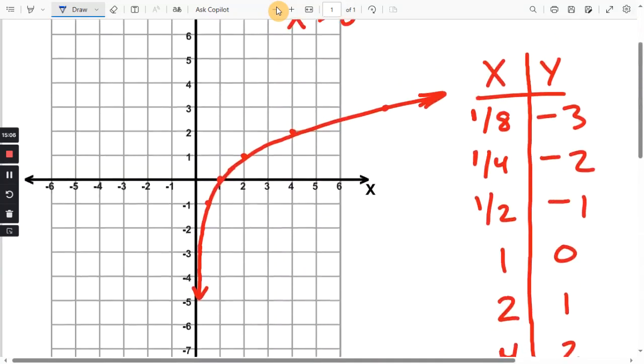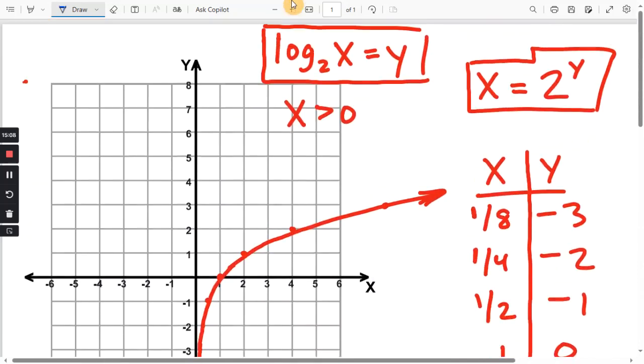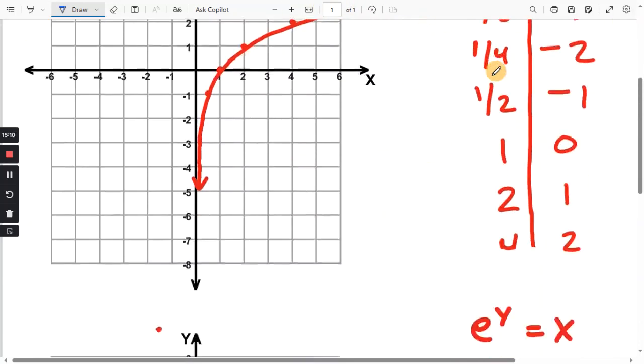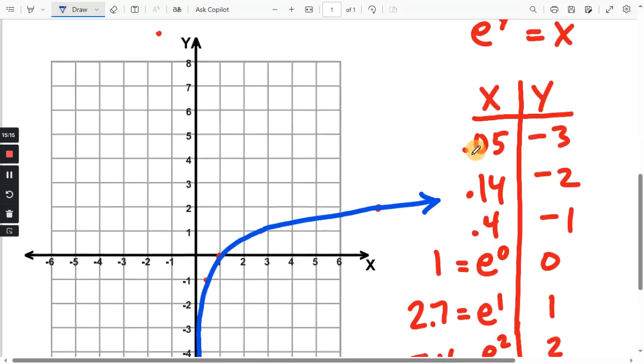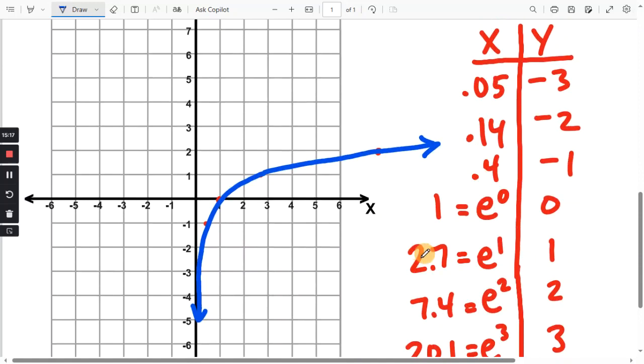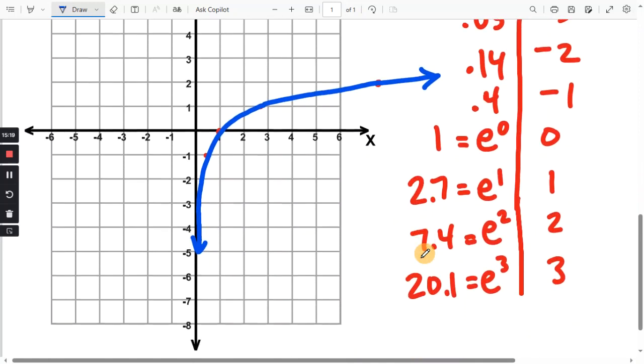Makes sense that the graphs are almost the same. This is x equals 2 to the y, and this is x equals e to the y. E is a little bit more than 2. E is approximately 2.718. So that's why the graphs are almost the same.